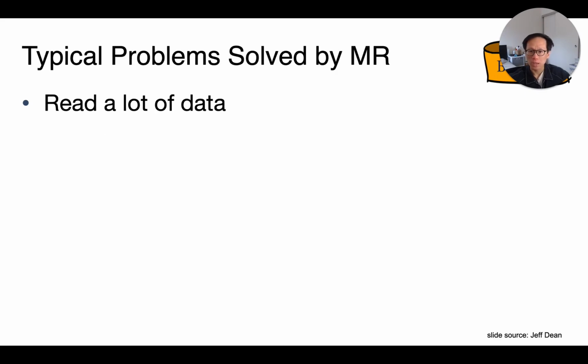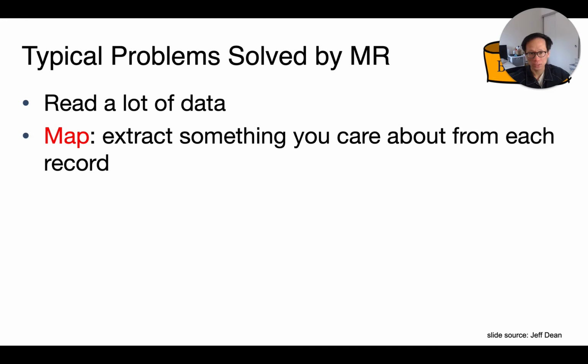So, MapReduce is originally designed to solve problems that require reading a lot of data. For instance, reading all the web pages out there in the web, in the case of Google. It breaks down the problem into 3 steps after data has been read. First, map, which extracts information from each record or document that we have read.